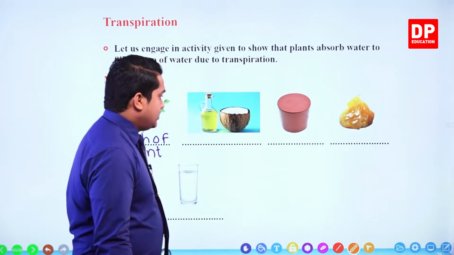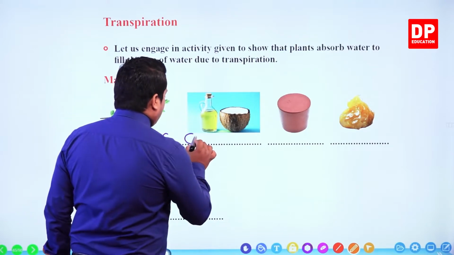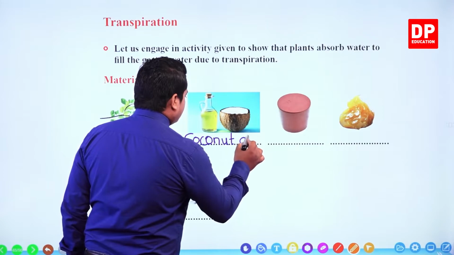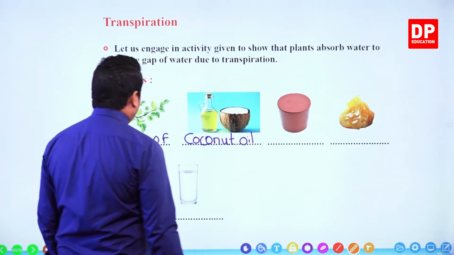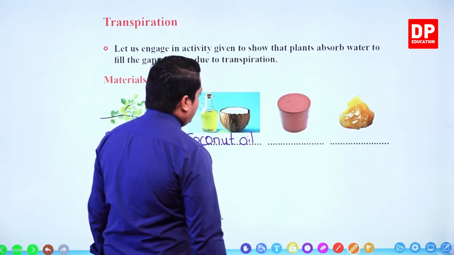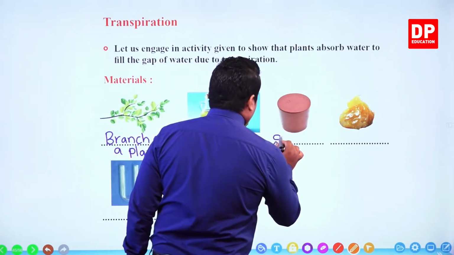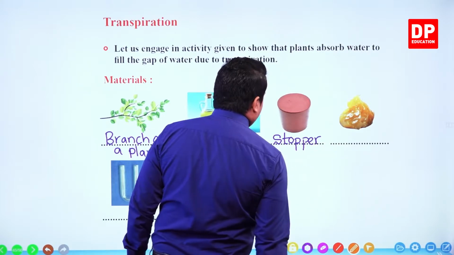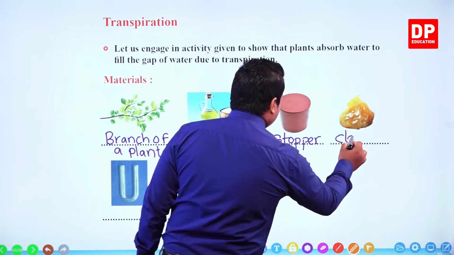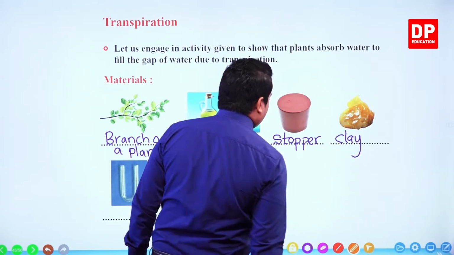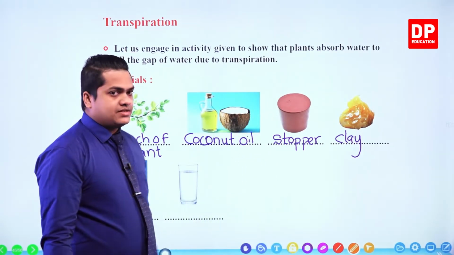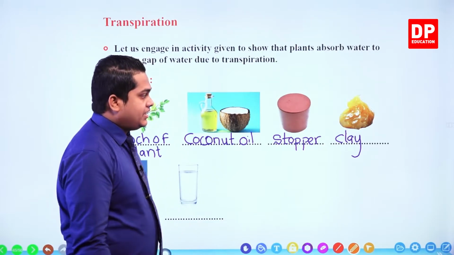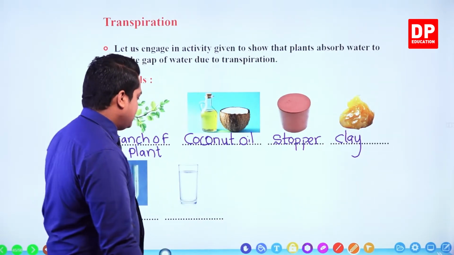Okay, right. Then we'll be needing some coconut oil, a stopper, right? Then clay or grease. In order to seal the system, we'll be needing clay or grease.